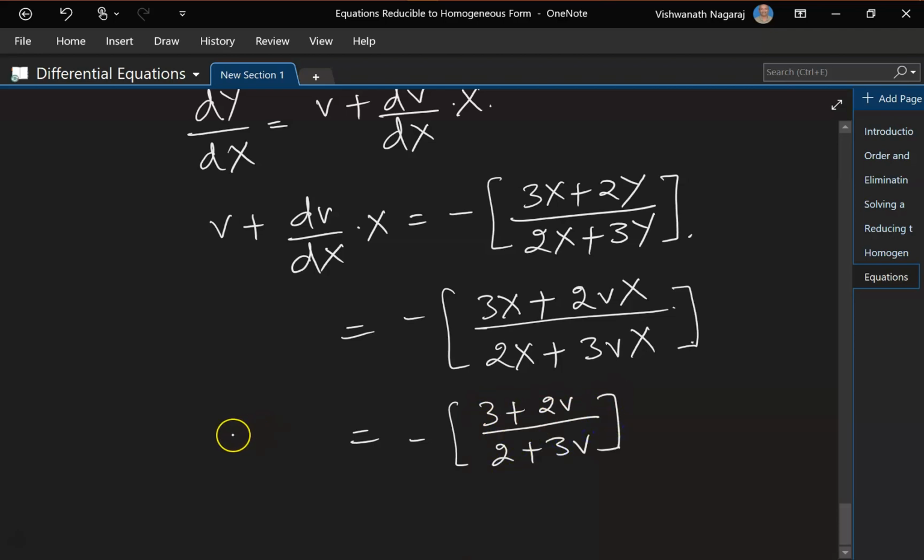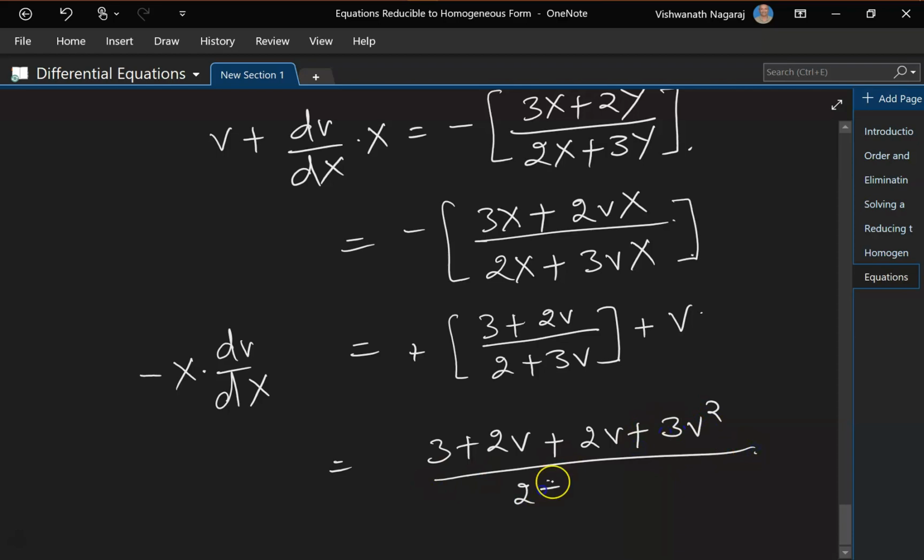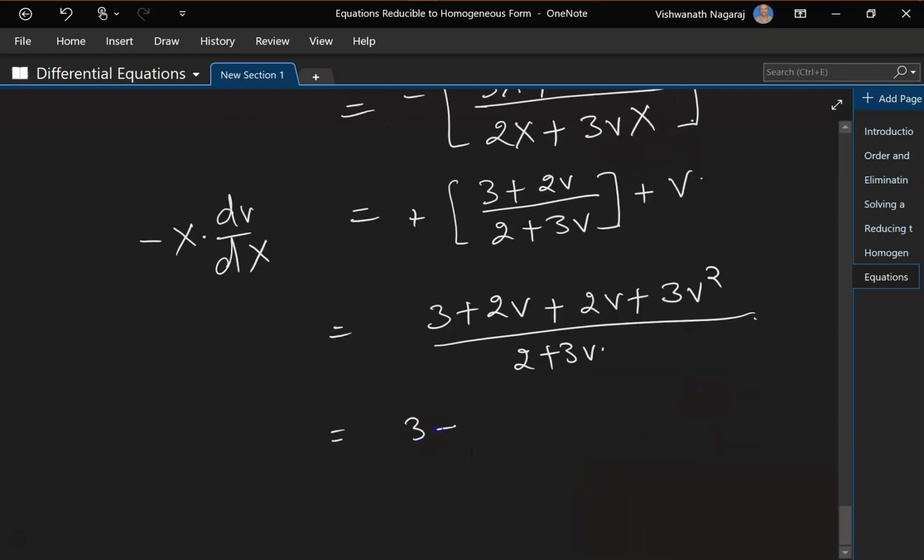We can bring this v to this side. Now they both are negative, so let's make them positive and make this negative. So 3 plus 2v plus 2v plus 3v square by 2 plus 3v. 3 plus 4v plus 3v square by 2 plus 3v.